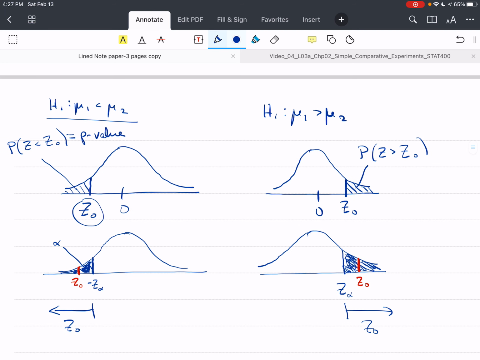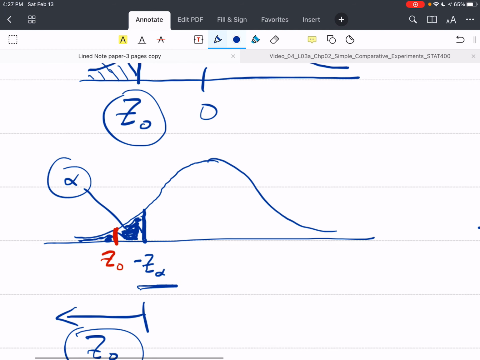And if the p-value is less than alpha, that means the same thing as we had before. Here's negative z sub alpha. Remember, alpha is the area to the left. And we said if z naught falls anywhere to the left of negative z sub alpha, we're going to reject. So the total area to the left of negative z sub alpha is alpha.